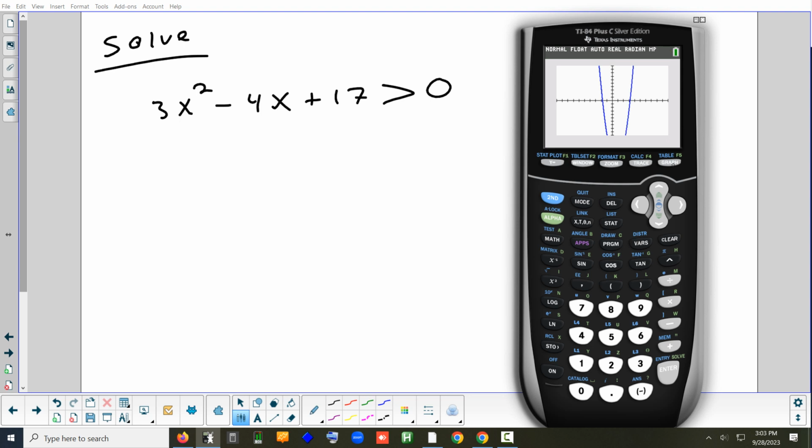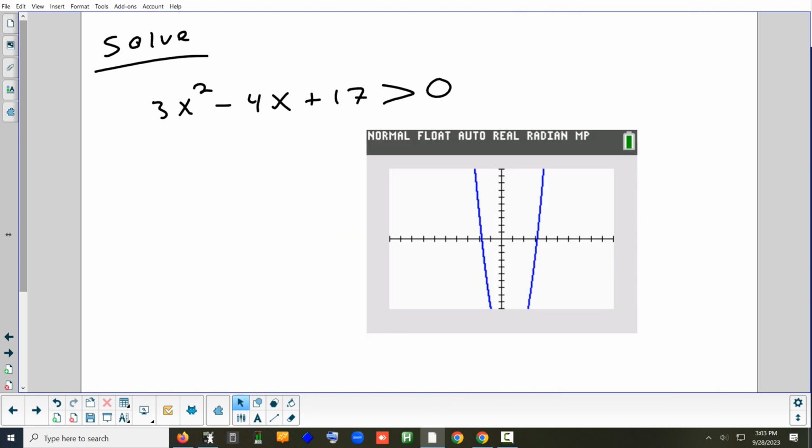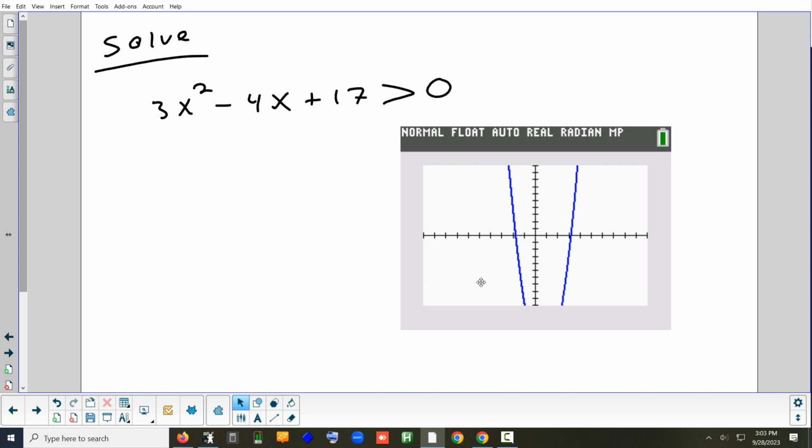It's not really necessary to see the minimum. We're not looking for that in this case. We're just looking for where it's under the x-axis. And if we want, we can even just draw in the bottom part. We know it's going to do something like that.